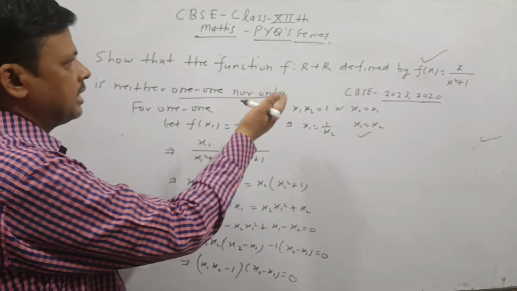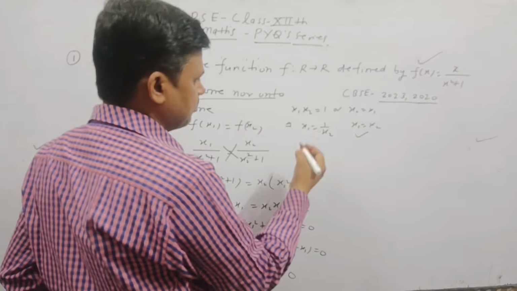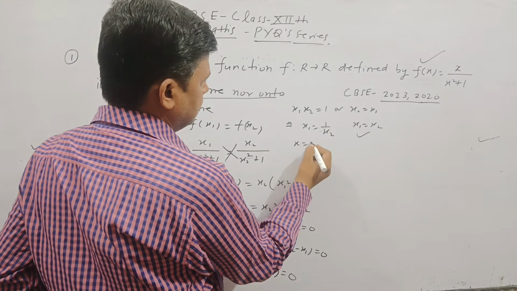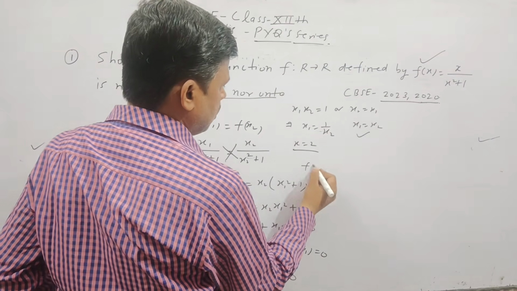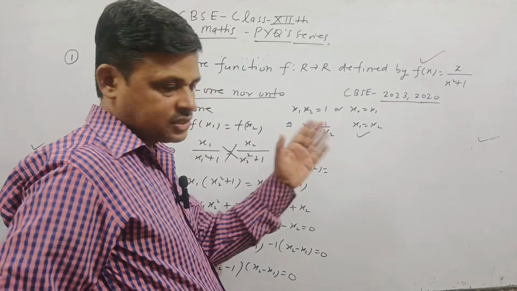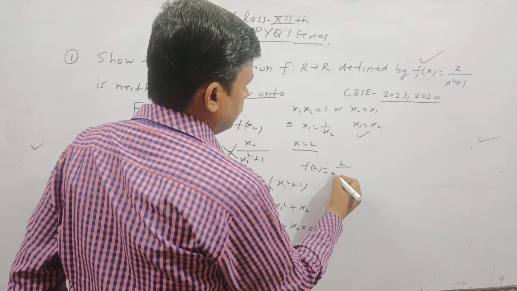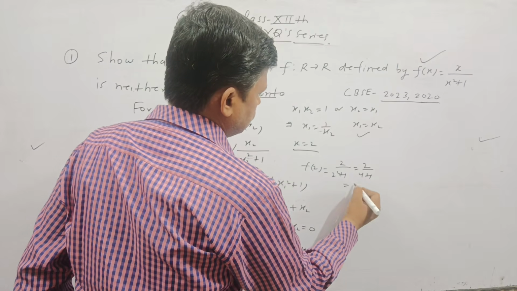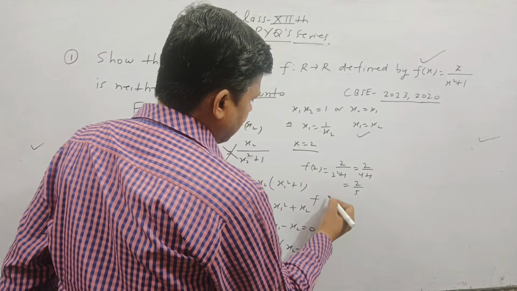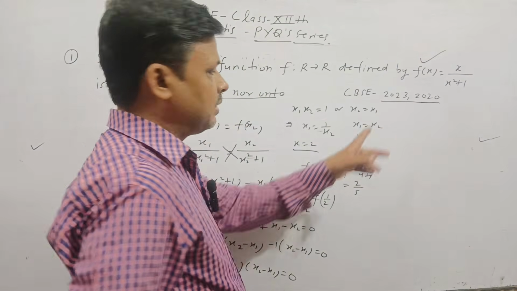If you can see, there is another example. If we take x is equal to 2, what will be the value of f when x is equal to 2? That will be 2 upon 2 square plus 1, that is 2 upon 4 plus 1, that is 2 upon 5. And what will happen if you take 1 by 2 in place of 2?